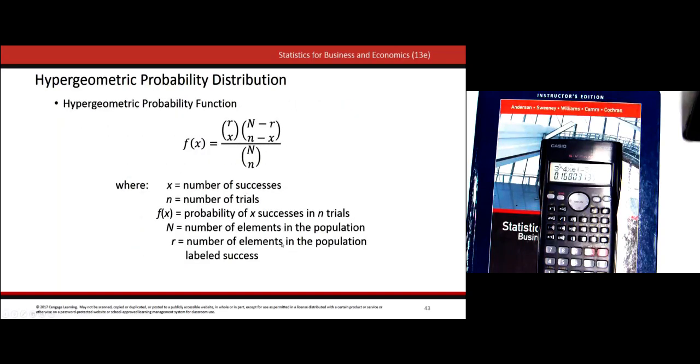This is the hypergeometric probability function. Now we have a total of N elements in the population. n is the number of trials.